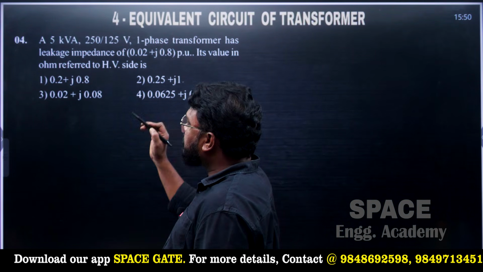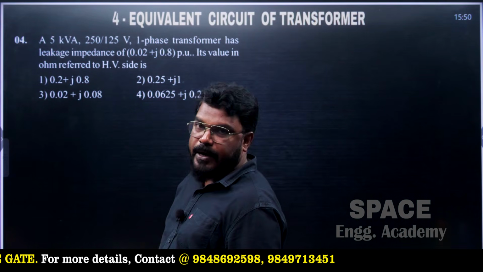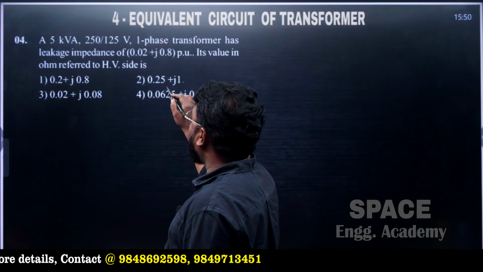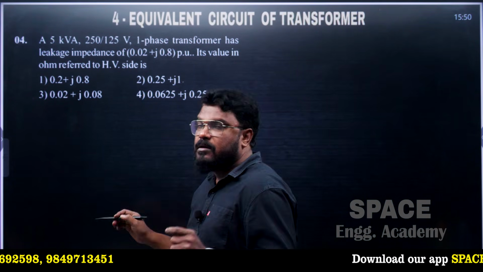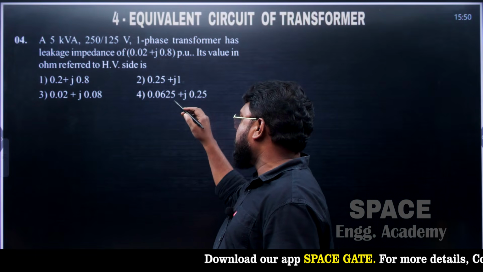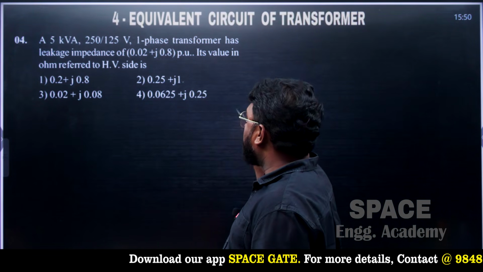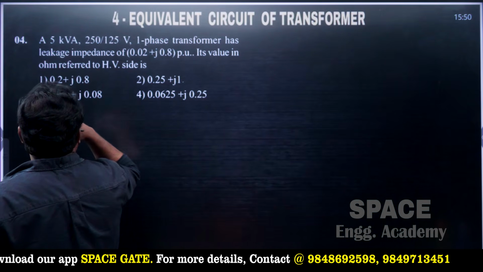Option 1: 0.2 plus j 0.8; option 2: 0.25 plus j 1; option 3: 0.02 plus j 0.08; and option 4: 0.062 plus j 0.25.